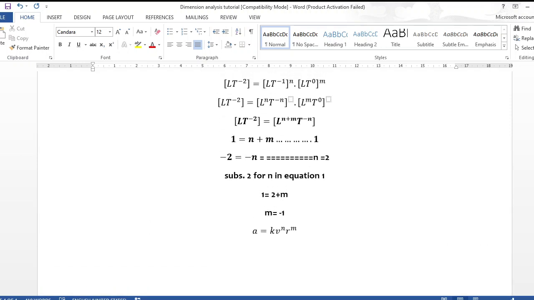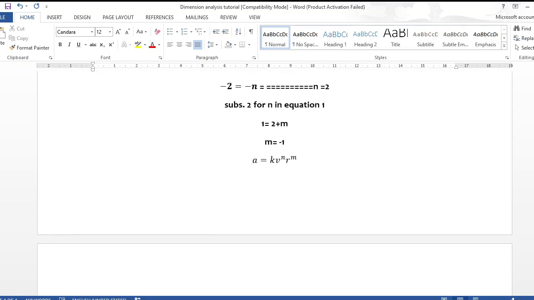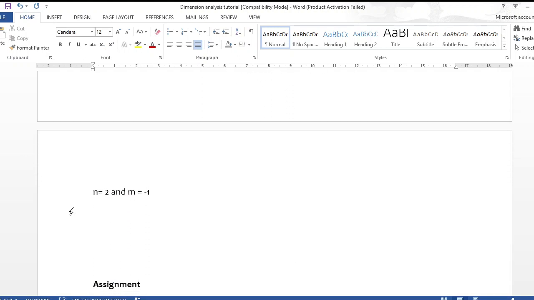That's what we found out. The value of m equal to negative 1 and the value of n equal to 2.